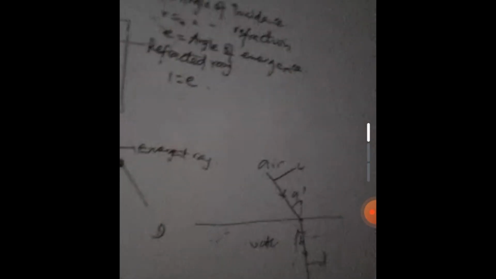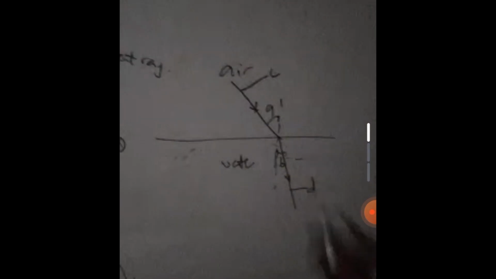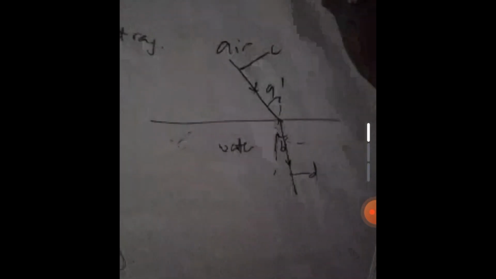What do we call A? Who will tell me what B is? Who will tell me what C is? And who will tell me what D is? Anybody? B is the angle of refraction. A, B, Abi? You said B or A?